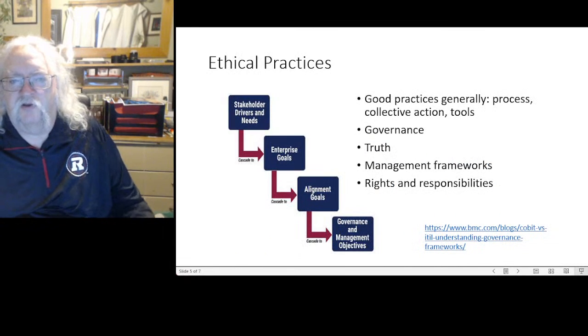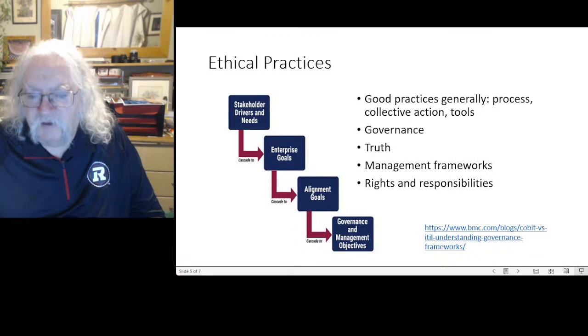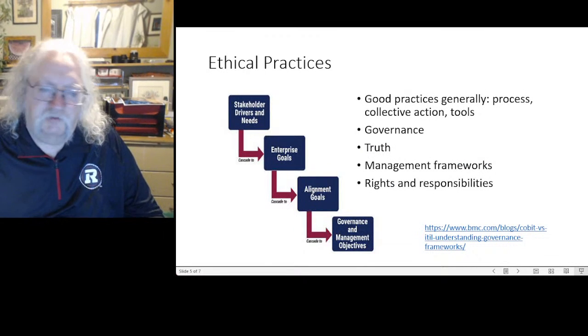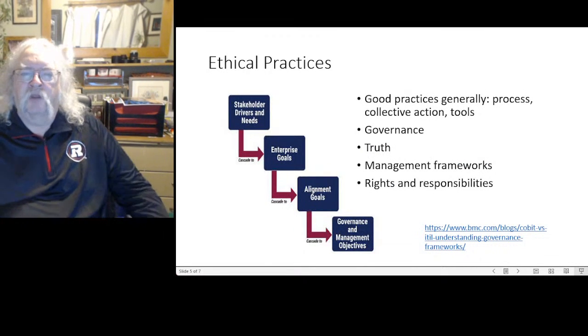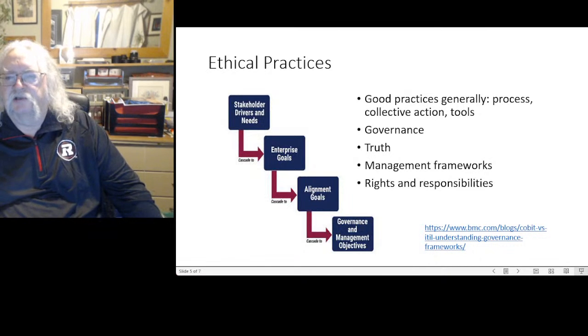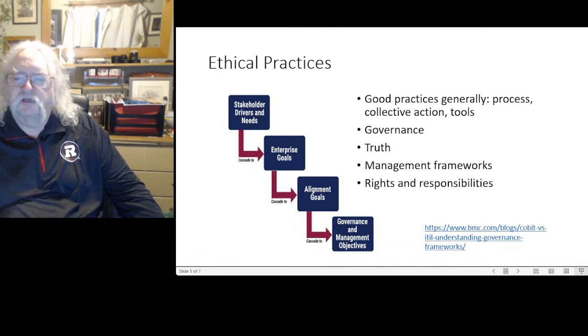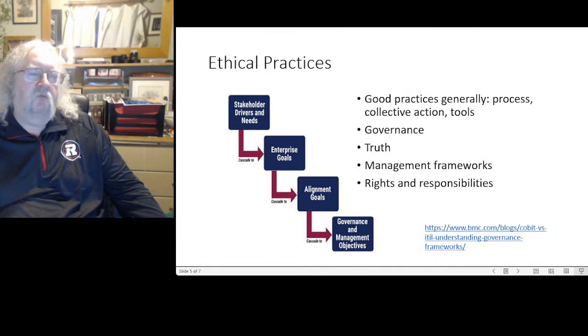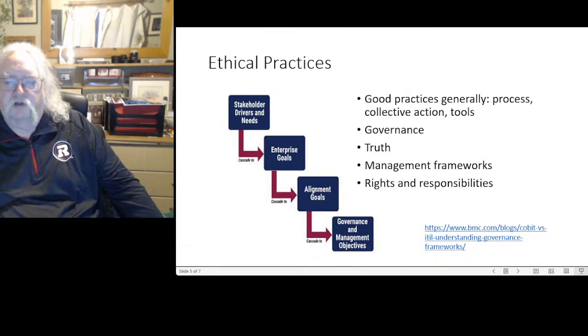Then I'll look at the ethical practices themselves, and there's staircases within staircases here. When I talk about good practices generally, talk about processes, how we work collectively, how we use our tools, and especially looking at governance and different ways of thinking about governance.